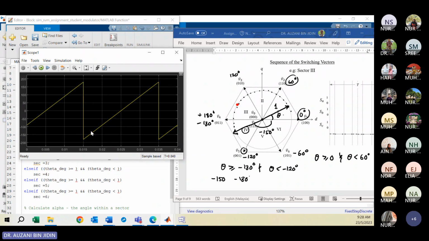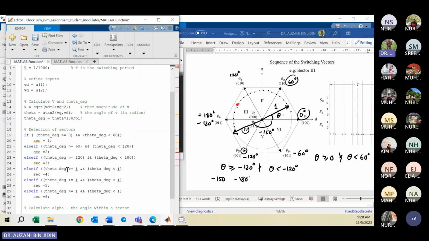Betul eh? Okay, then you write here will be minus 180 and the theta degree must be less than minus 120. For sector number 5, ini terbalik.